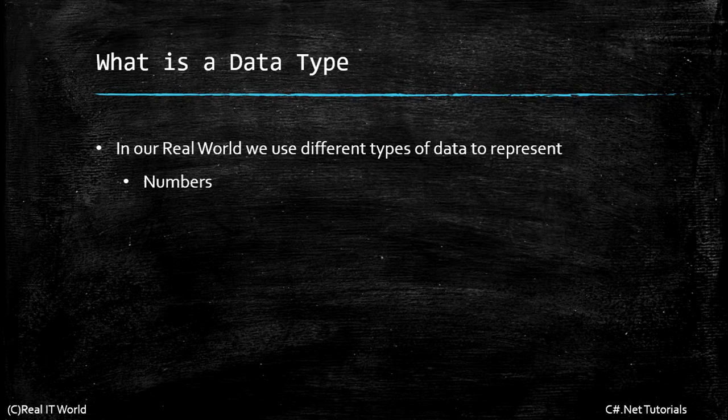If you want to say your age, we use 50, 30, 20, like that. And the names, if we want to say our name, we use a collection of letters, ABC, like this.